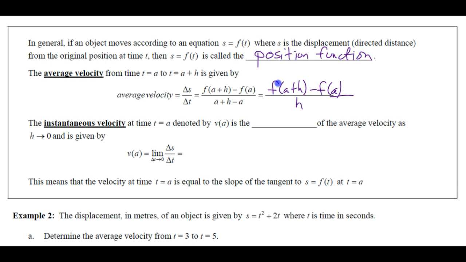We've moved from this time to this time on the graph. The instantaneous velocity at that instant in time, so it's got to be a point in time, a one-time value, which is denoted by v of a, is the blank of the average velocity as h approaches 0. So if h is approaching 0, then it's the what? It's the limit.